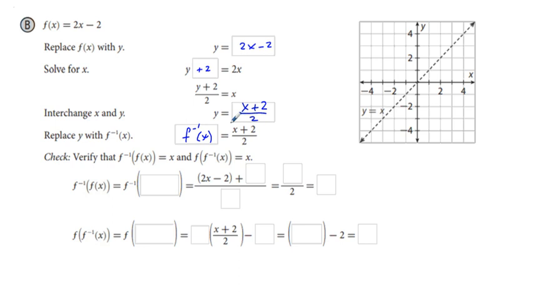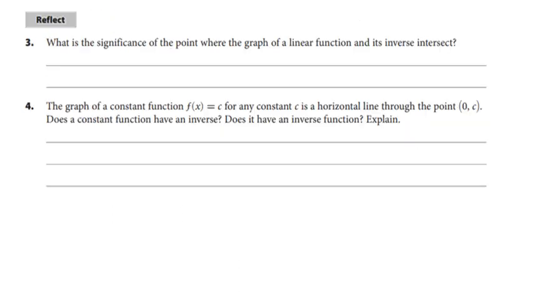So this function here that I'm circling, f negative 1 of x, is the inverse of this original function I'm arrowing over to. I don't want to go over that right now.